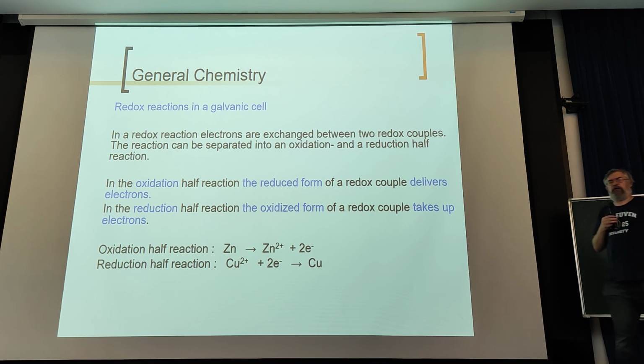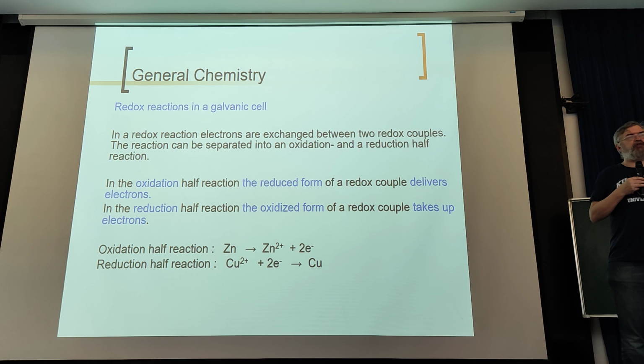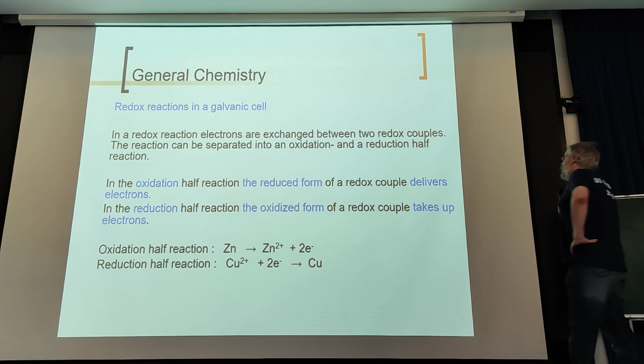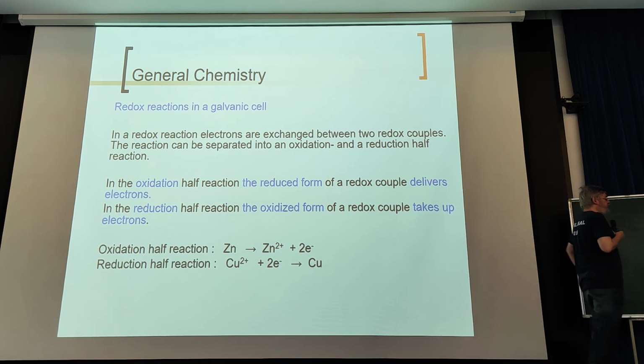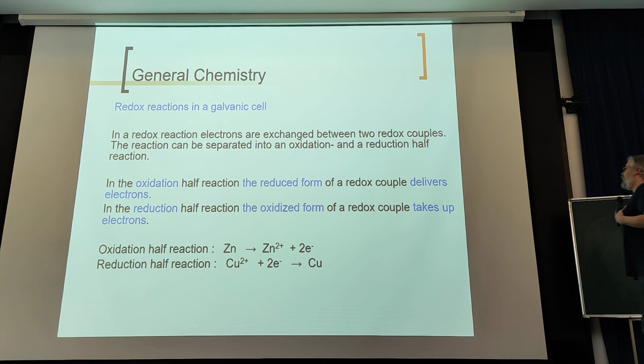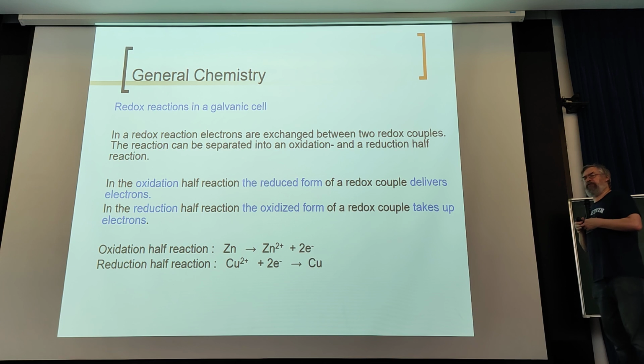So we first will talk about galvanic cells, in which you have a spontaneous flow of electrons. So electrons are indeed what is important in redox reactions. Electrons are normally flowing from one species to the other, and we can separate the reaction into two parts.